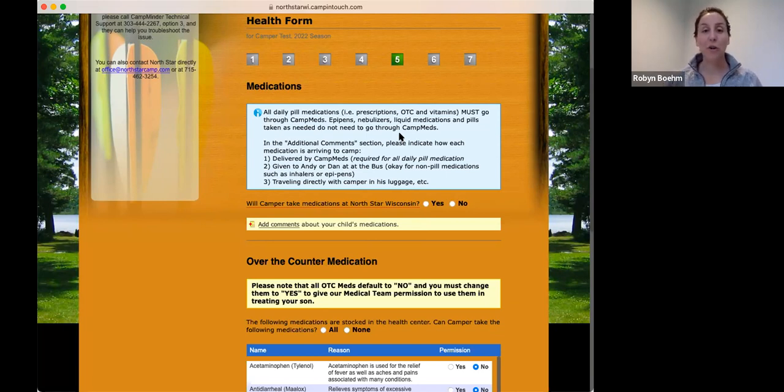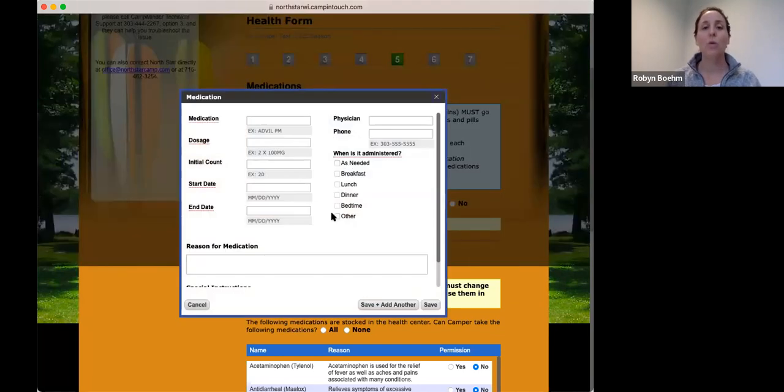Going back to the health form though, if your child is taking any sort of medications at camp, you will need to mark yes for this first question: will the camper take medications at North Star Camp? You will mark yes. There will be a pop-up box that comes up where you will mark the specifics on the medication.